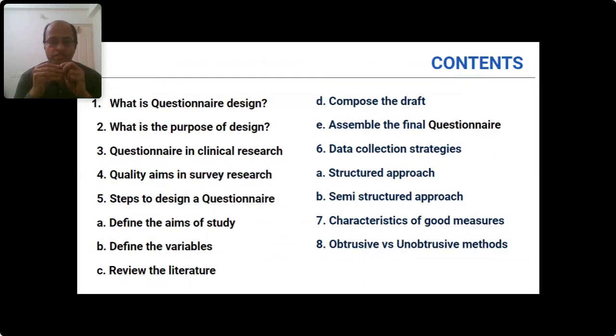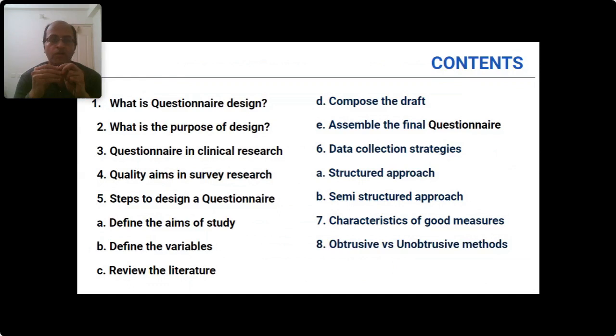We are going to talk about questionnaire design, which is an integral part of data collection. We see what exactly questionnaire design is, what its purpose is, and how a questionnaire has to be designed. The steps involved include defining the aims of the study, defining the variables, reviewing the literature, composing the draft, and assembling the final questionnaire.